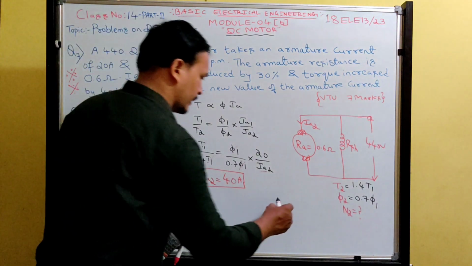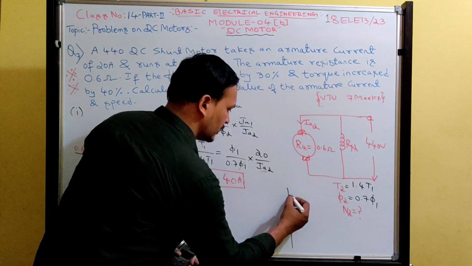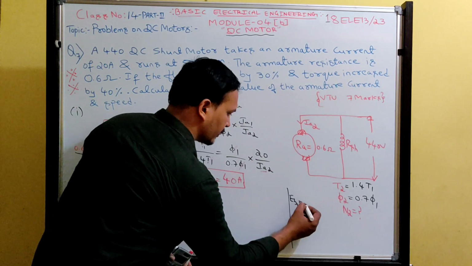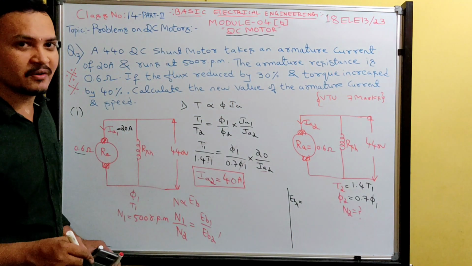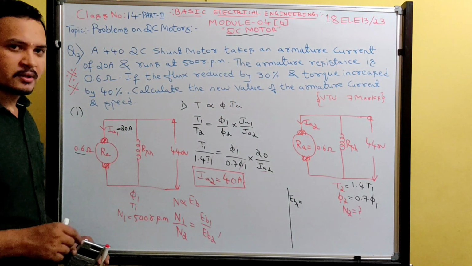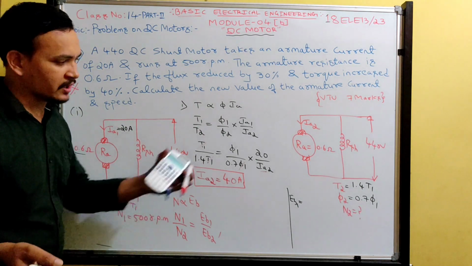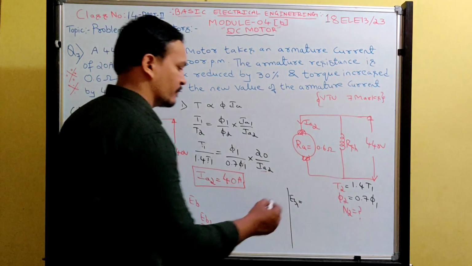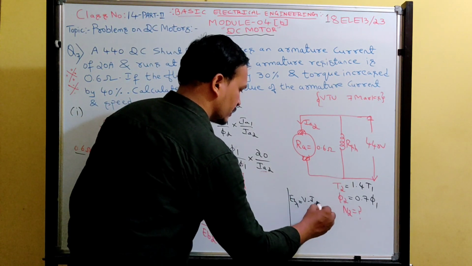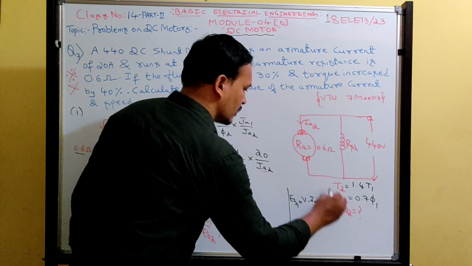So the back EMF part I will do here. EB1. You must know the voltage relation of shunt motor. What is the shunt motor voltage relation? V is equal to EB plus Ia Ra. From that I want to write EB1, so V minus Ia1 into Ra.